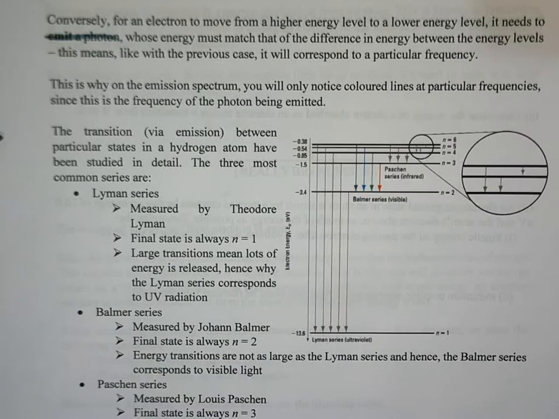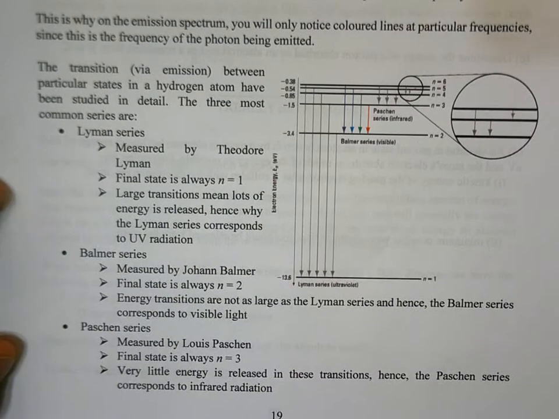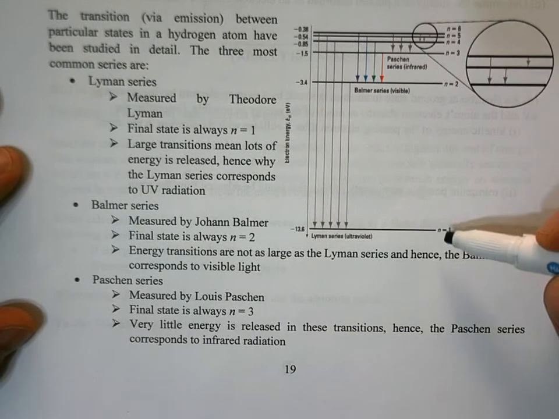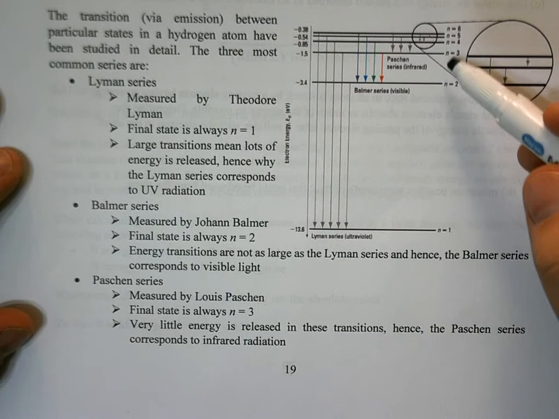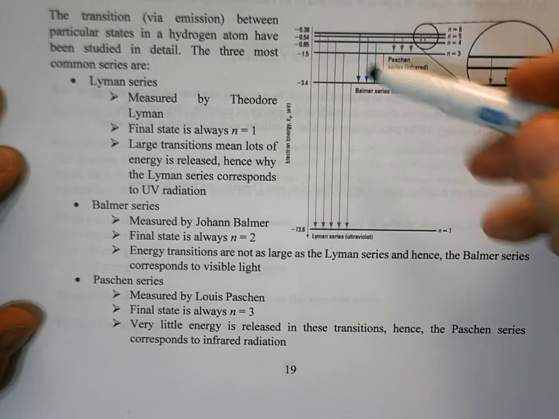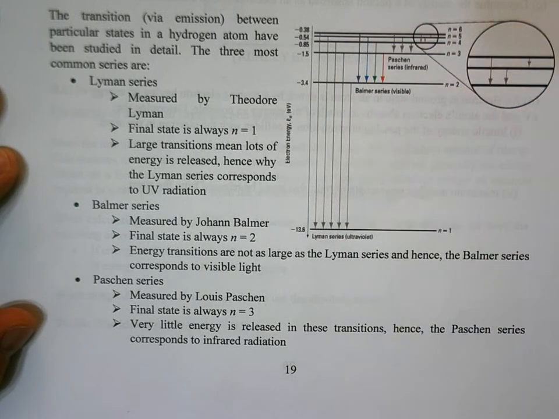Those of you that study spectroscopy in a bit more detail may learn about things called the Balmer, Lyman, and Paschen series. These just happen to deal with transitions between particular states. For example, in an energy level diagram, we have n equals 1, the ground state, then the next one above it, n equals 2, 3, 4, 5, 6. If we're going from any higher state and our final state is always the ground level, we call this the Lyman series.